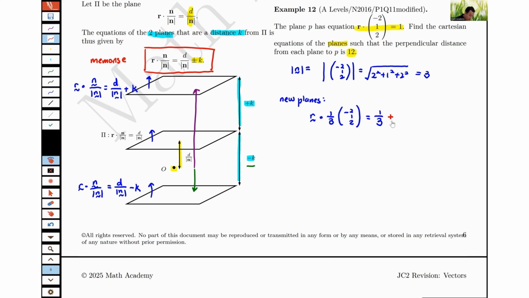That means on the right, you want to have plus minus 12. You divide by mod n first, then you do the plus minus. So after this, it's just about splitting up into two different equations and simplifying. You simplify the plus and minus, and that gives you two answers, which are the equations of the two planes.